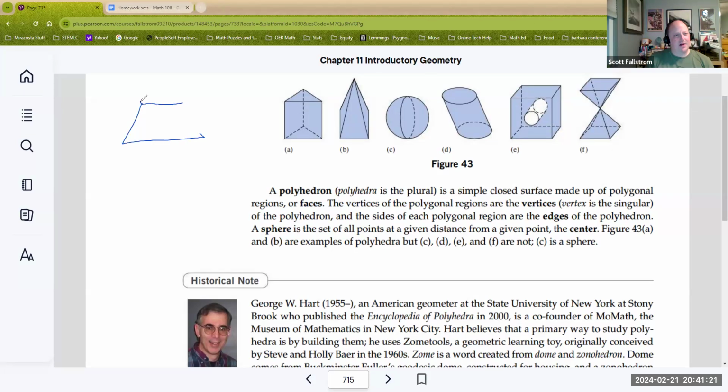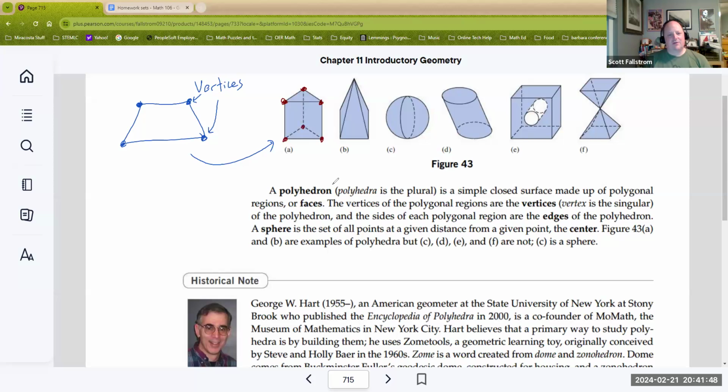If we think about a polygon and the points where the line segments intersect, those points are called the vertices of the polygon. When you translate that over to three dimensions, you will also have things that look like vertices. It's where multiple planes come together, whenever you have three planes meeting.